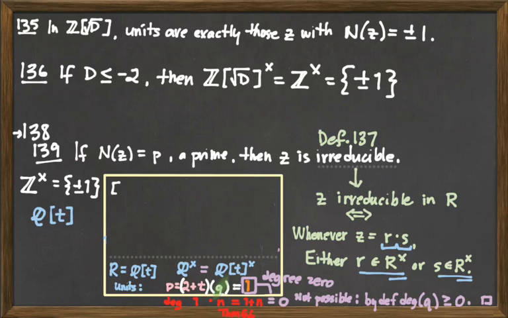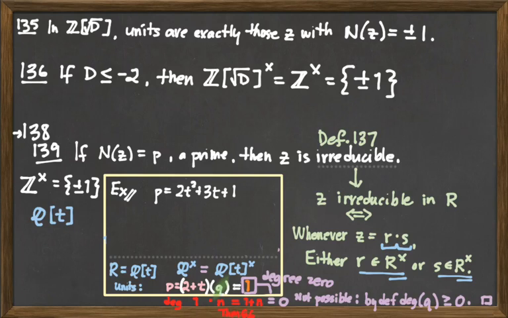So here's an example of a polynomial with rational coefficients. I don't know, how about 2t squared plus 5t plus 1, or something like that. Let me make this plus 3t. Let's go easy on ourselves.